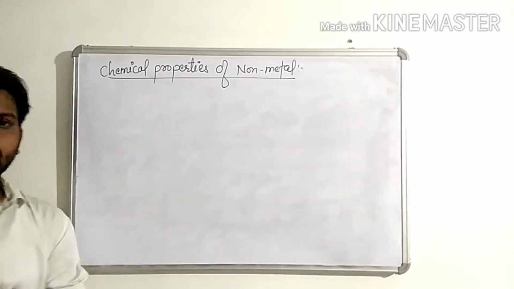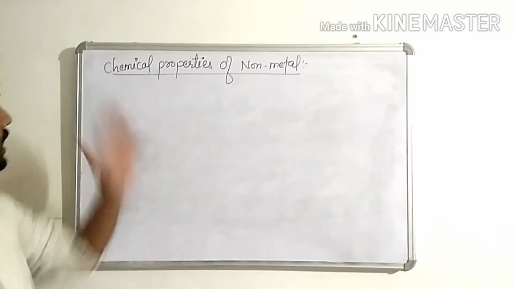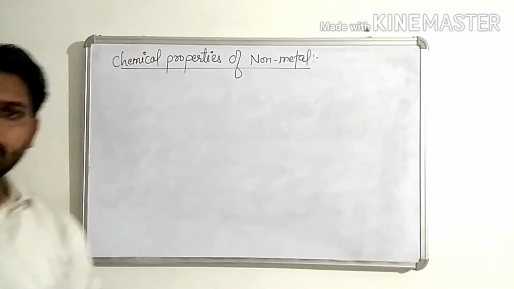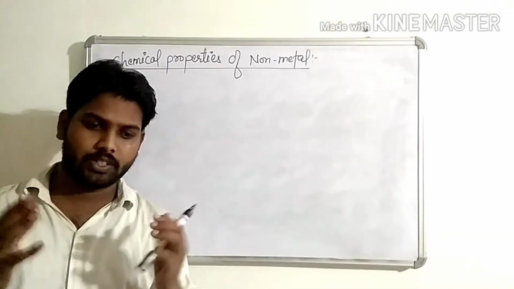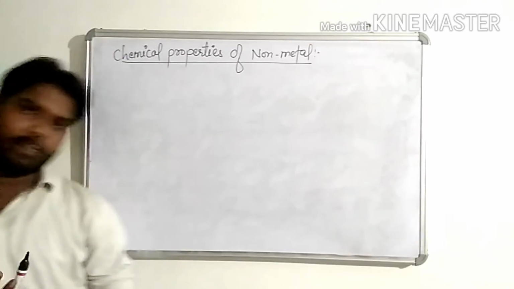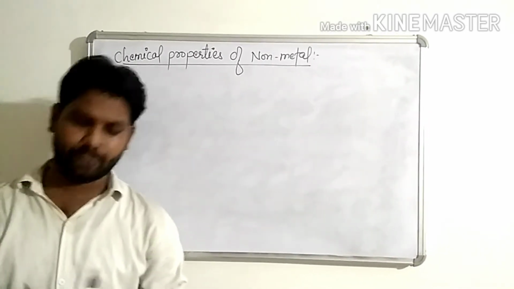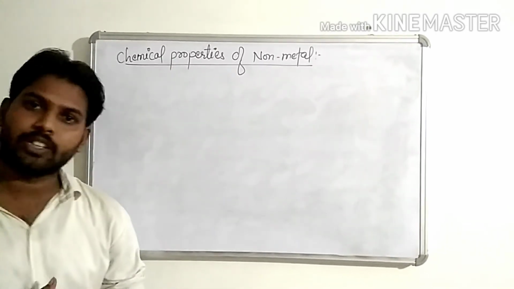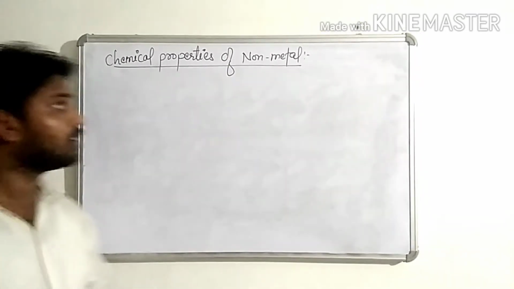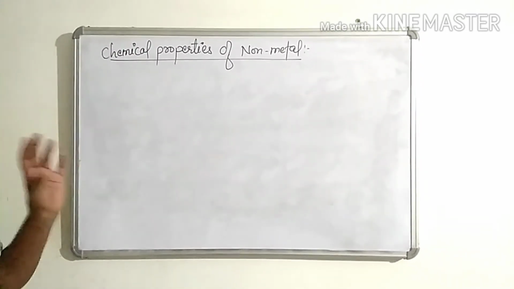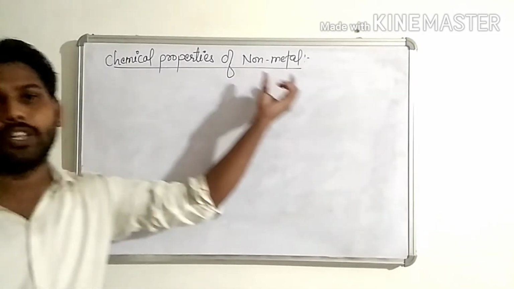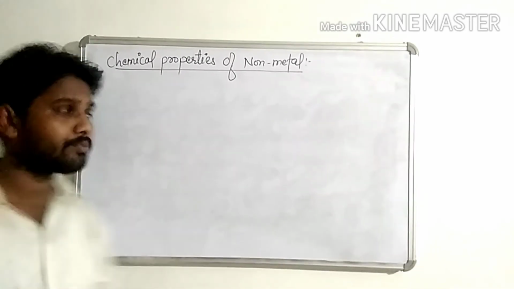Now children, the next topic is the chemical property of nonmetals. Previously we have already completed the chemical properties of metals with oxygen, with water, with acid, and also with their salts. Now the next topic we are going to study is the properties of nonmetals.